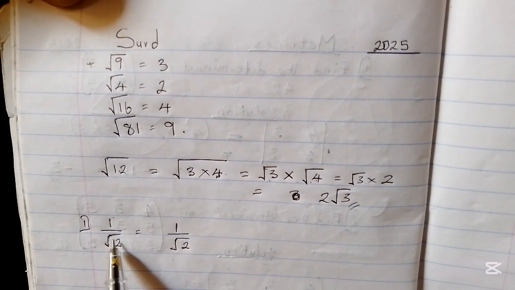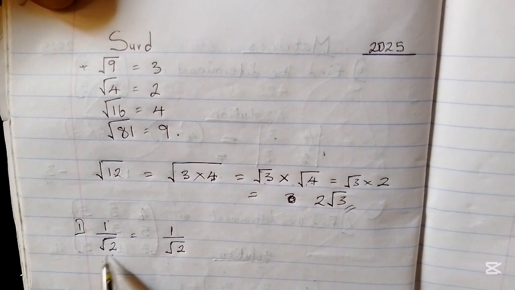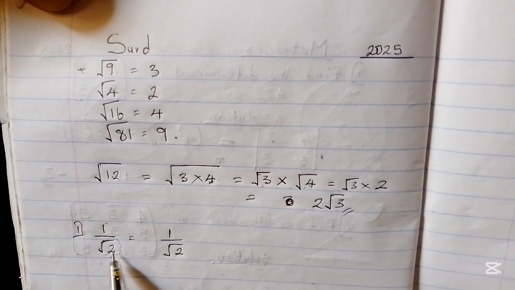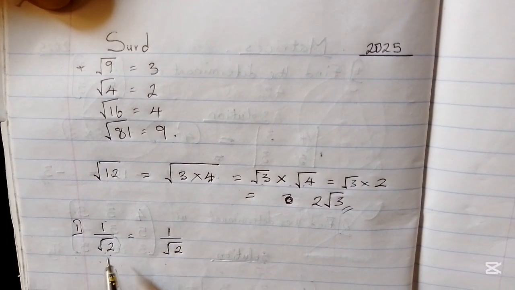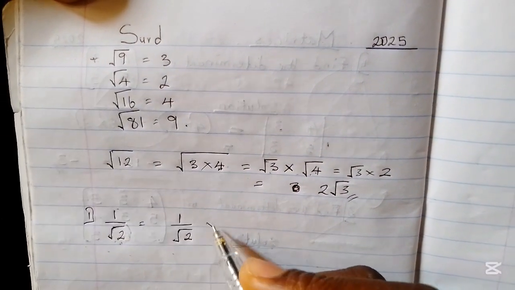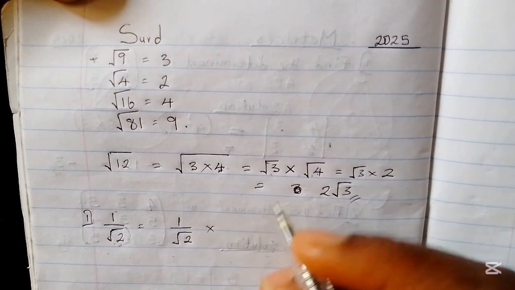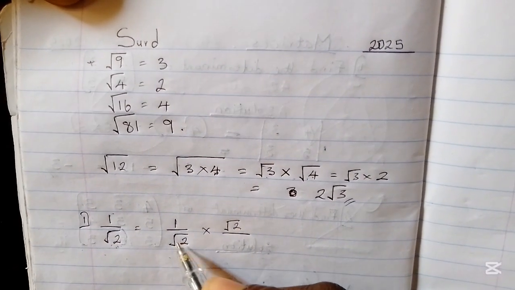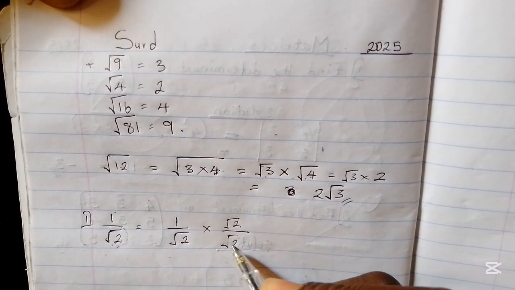Rationalization means multiplying both the numerator and the denominator by what we have here, so that we can eliminate the surd at the denominator. So what do I mean? The denominator here is root 2, so I multiply what's up here with root 2 and multiply what is down here with the same root 2.